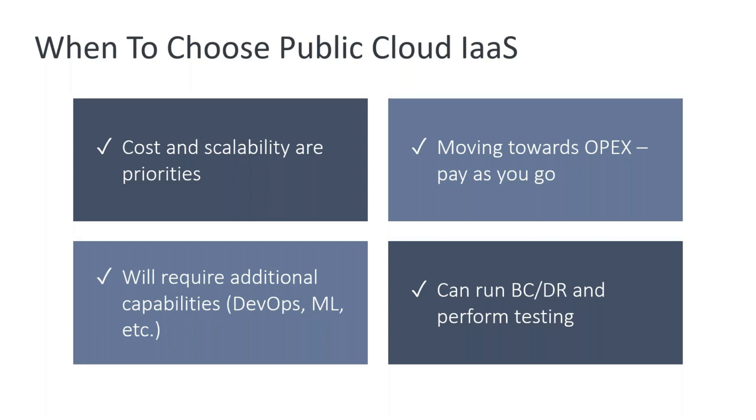Also, when you go into this environment, you're still going to run your own DR testing. In infrastructure as a service, you deploy your basic infrastructure and have somebody else maintain that, but then you're going to manage your applications and your recovery environment. So when it comes to testing, you're still going to be performing that testing.